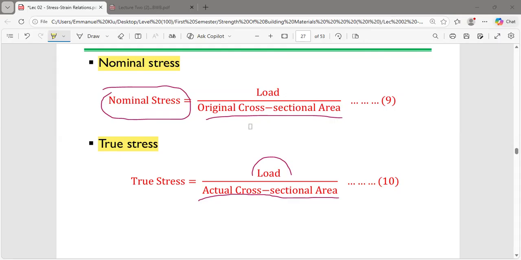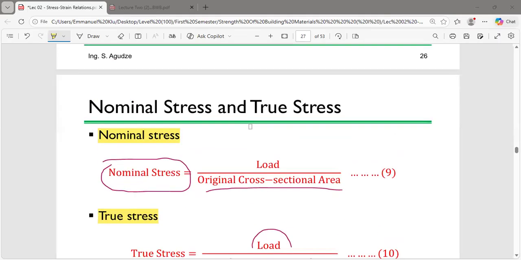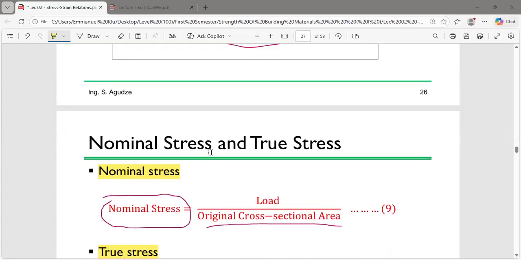And for the actual cross-sectional area, any volunteer to add to whatever I just said? Okay.